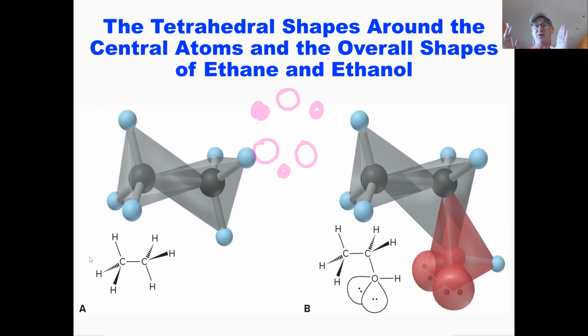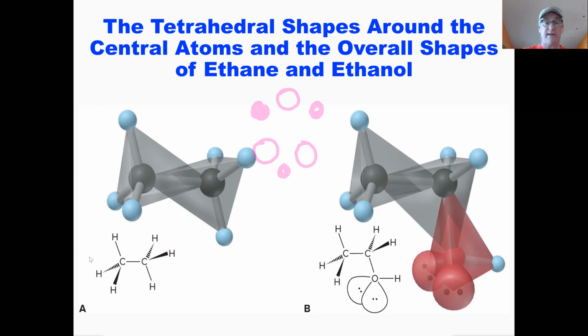And even though that's a very weak interaction, there is some repulsion there. And so they move. Instead of being directly across from each other, they sort of move out of the way to make a little more distance between them. And so we say that they're not eclipsed anymore.